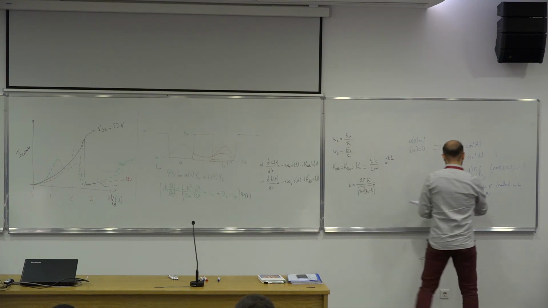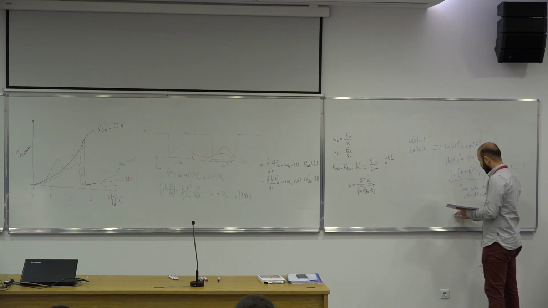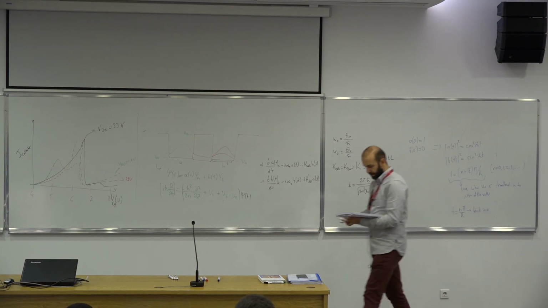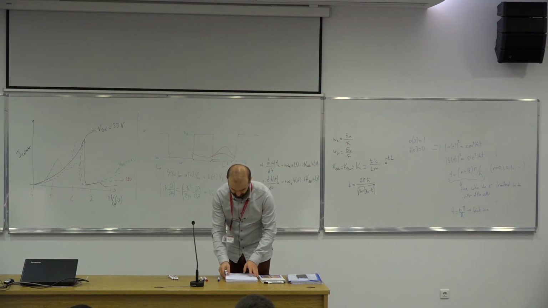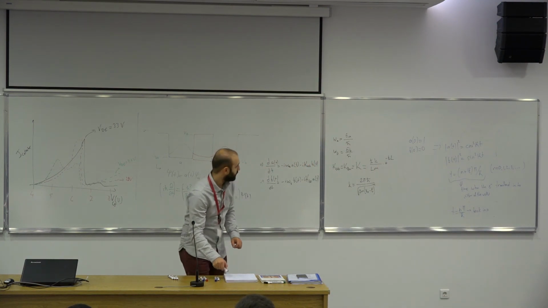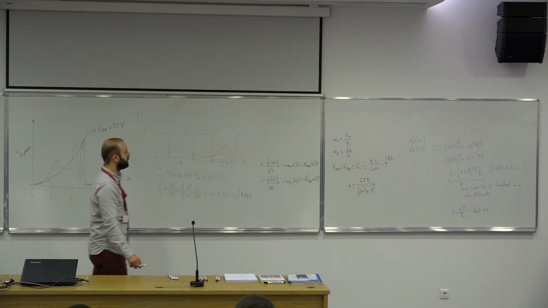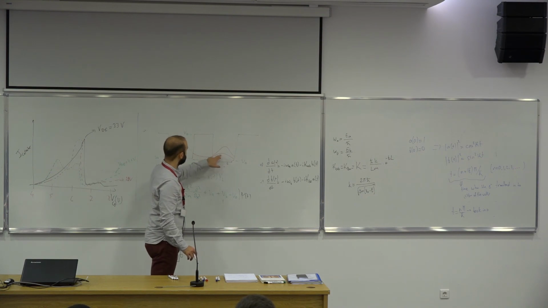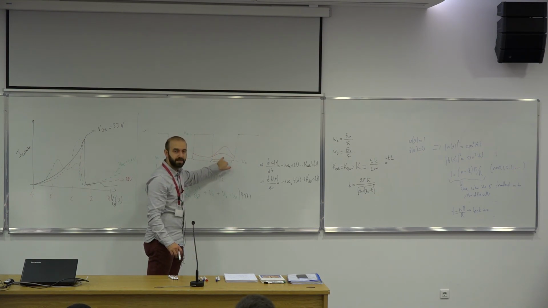So for n pi over kappa intervals, it will be back in A. So this, in a way, defines a condition where electron oscillates back and forth between these two wells.